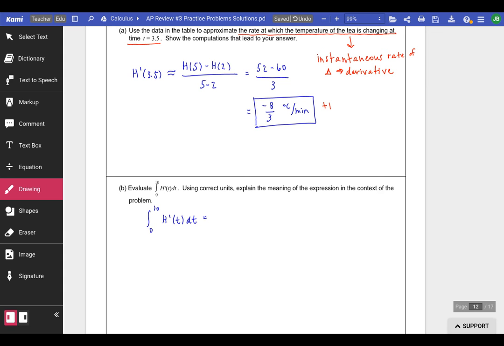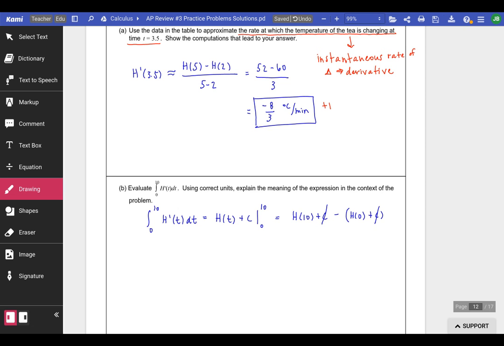Well, if my function is h prime of t, I know its antiderivative had to be the original function, h of t. And then we always put our plus c, and we're going to evaluate from 0 to 10. So in this case, what we have is h of 10 plus c, and then we're going to subtract h of 0 plus c. Here our c's are going to cancel out like they always do.